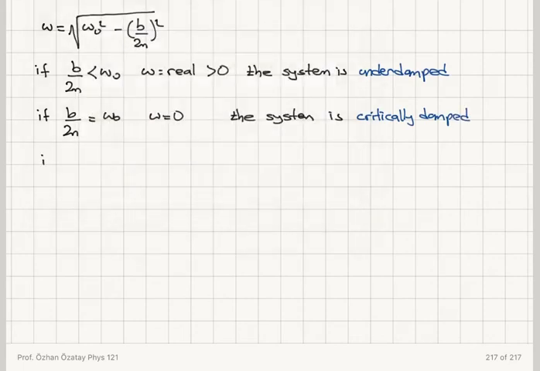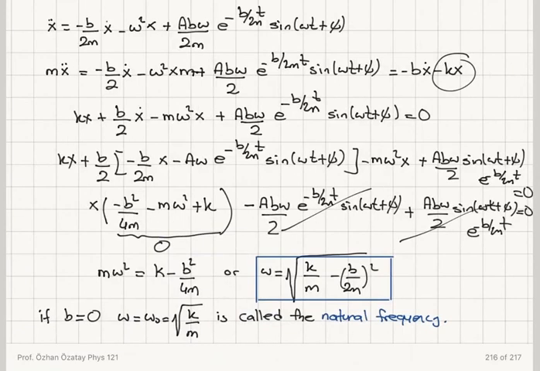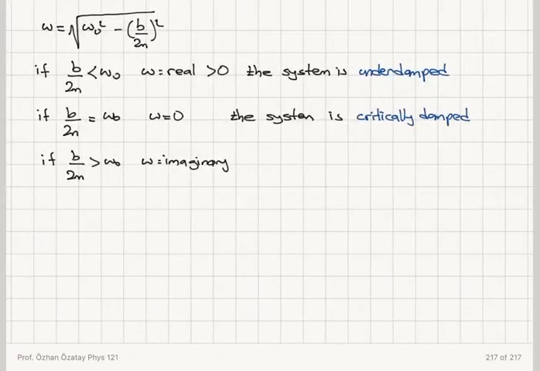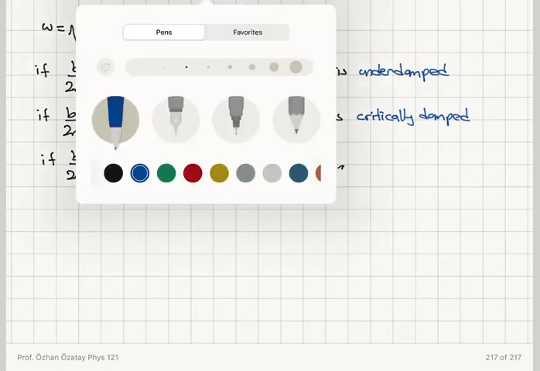If you have b over 2m greater than omega 0, omega becomes imaginary, and basically the cosine is not the solution here. You don't have an oscillatory solution. That is this second case here. You have a combination of exponential decays, and in this case you have the damping coefficient too big. The system is overdamped.